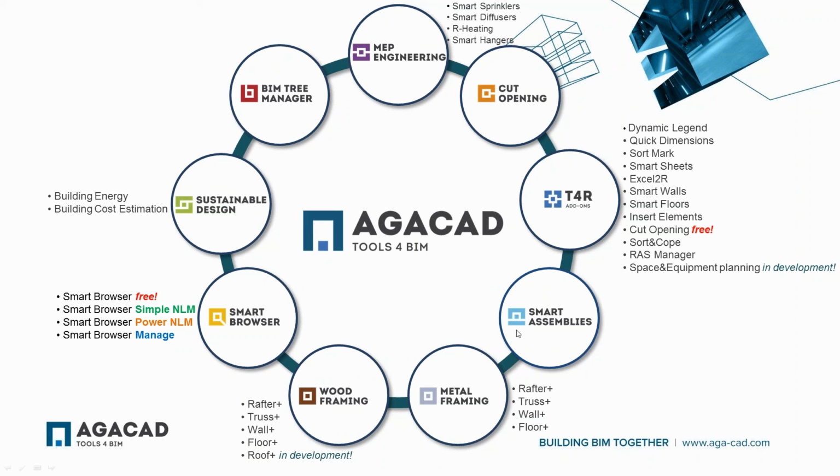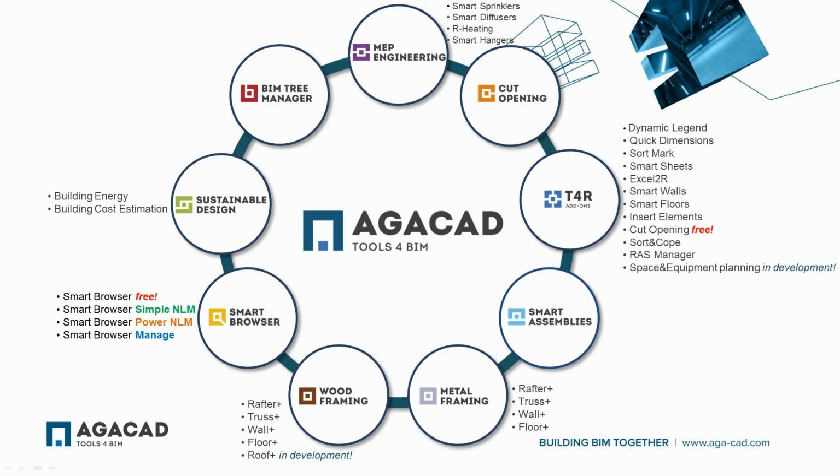So smart assemblies creates sheet drawings, and smart details creates model. It lets you create the model easier, and smart assemblies places automatic dimensions and schedules and so on.